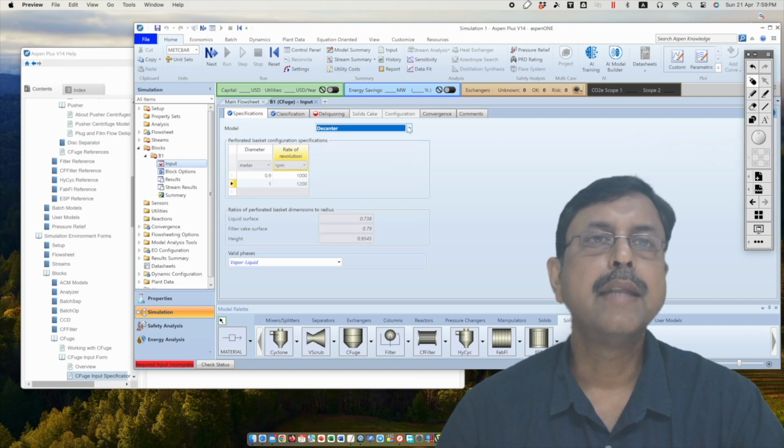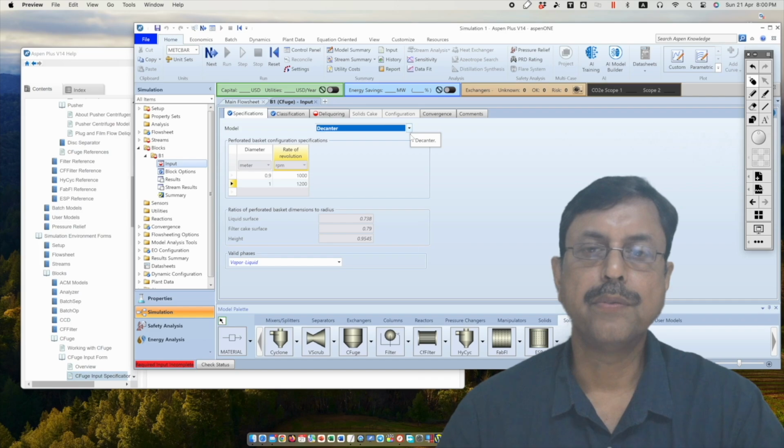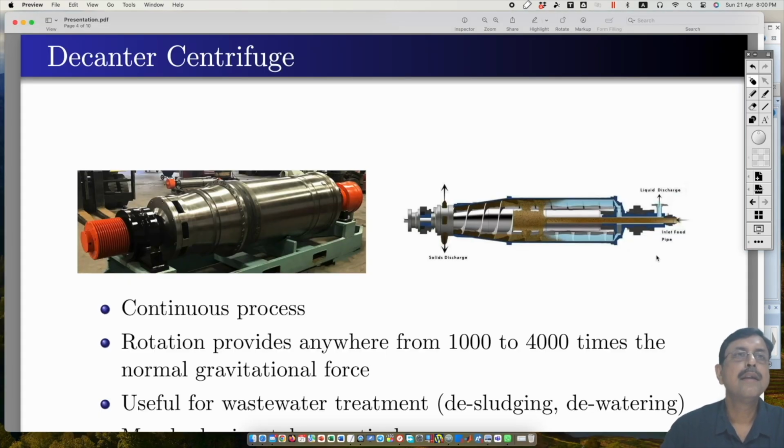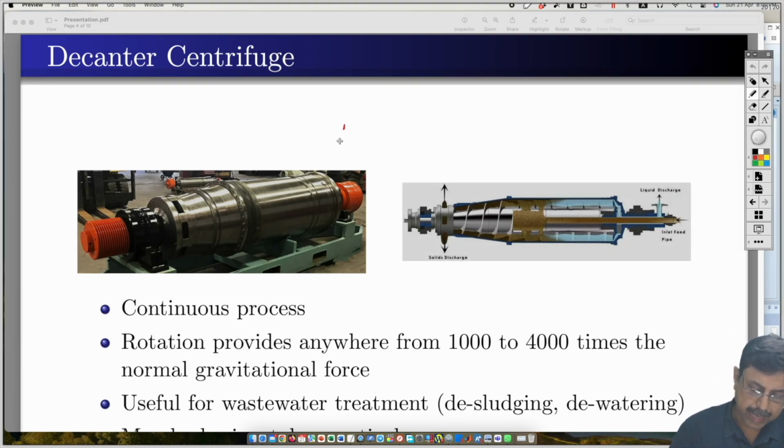Then the next one is the decanter type centrifuge. So this is a typical diagram of a decanter type centrifuge. Now this is the actual centrifuge and this is the schematic diagram. You can see the liquid feed that enters through this end and is distributed over here, and the whole enclosure rotates at high speed, axially.